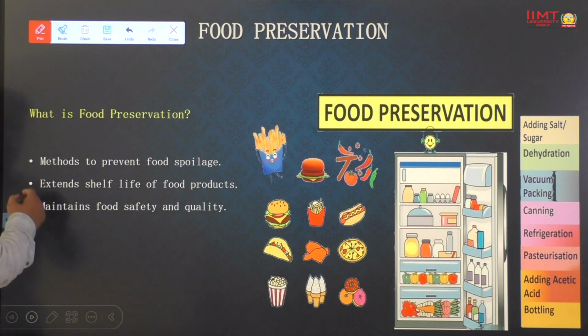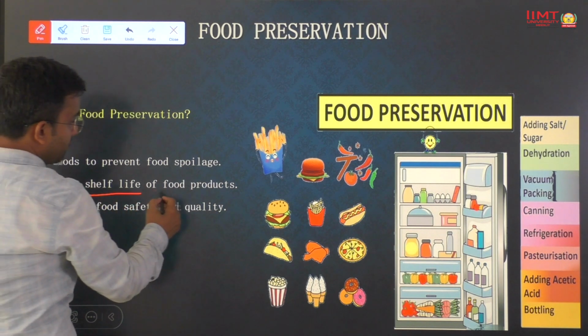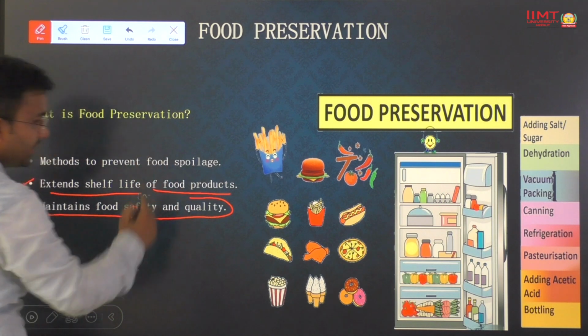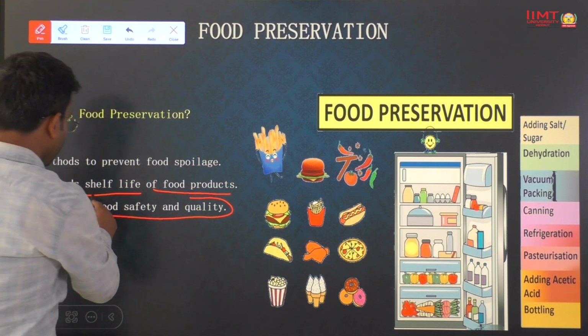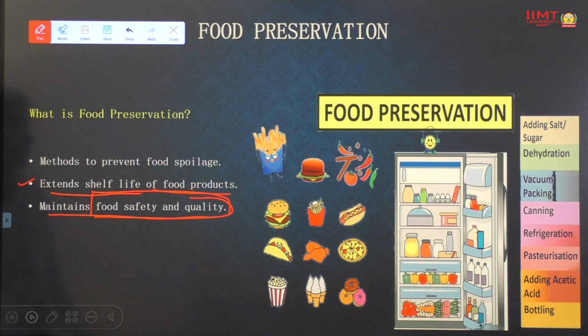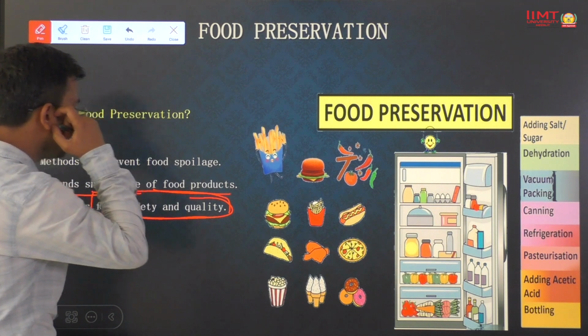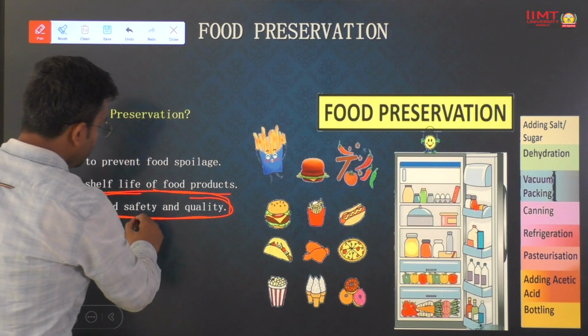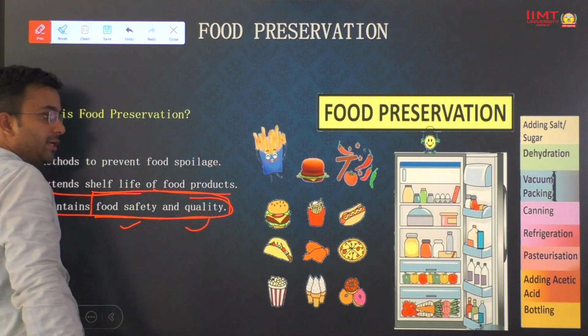The second point is to extend the shelf life of the food products and maintain food safety and quality. Quality is the main part of food preservation. Food preservation saves the food and maintains the quality.